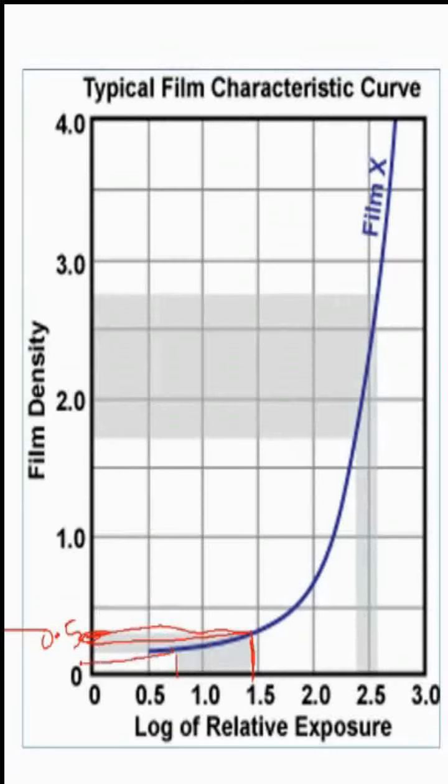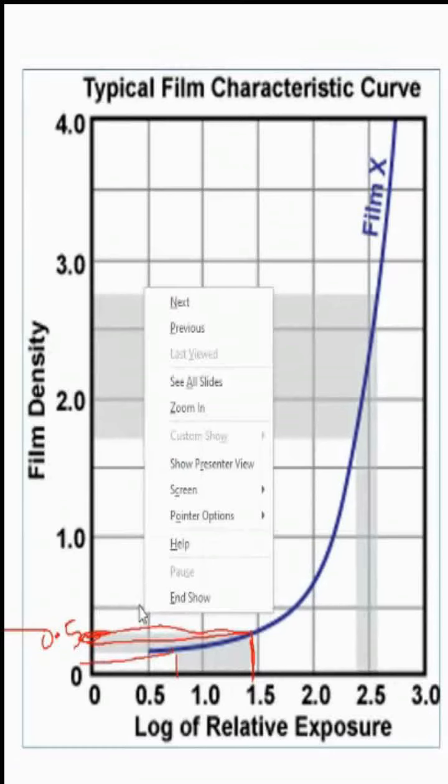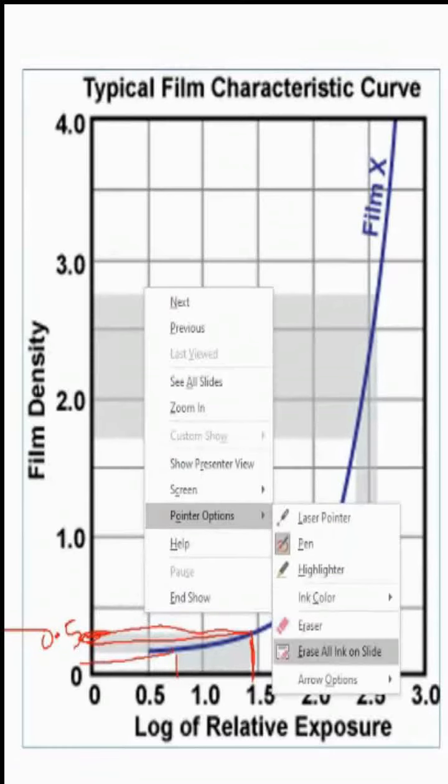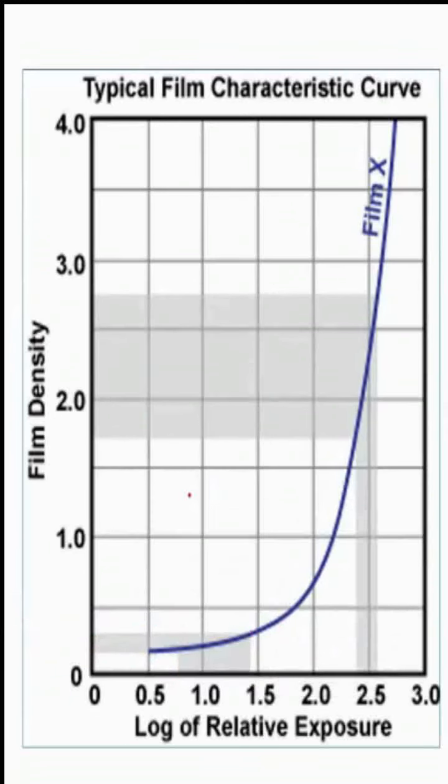If we decrease the exposure, we get a different density, right? Okay, now I'm taking an assumed value, say T1, that is exposure time, was say 20 minutes.